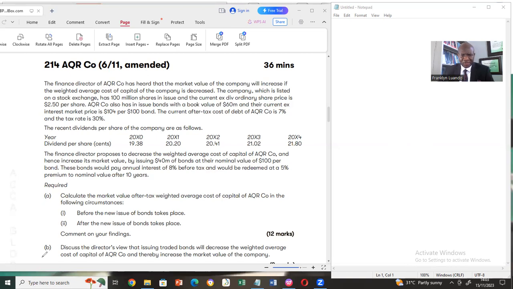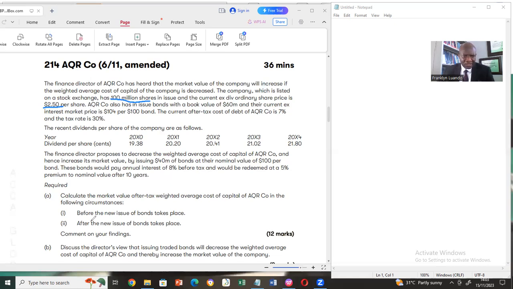The company, which is listed on the stock exchange, has 100 million shares in issue, and the current ex-dividend ordinary share price is $2.5 per share.